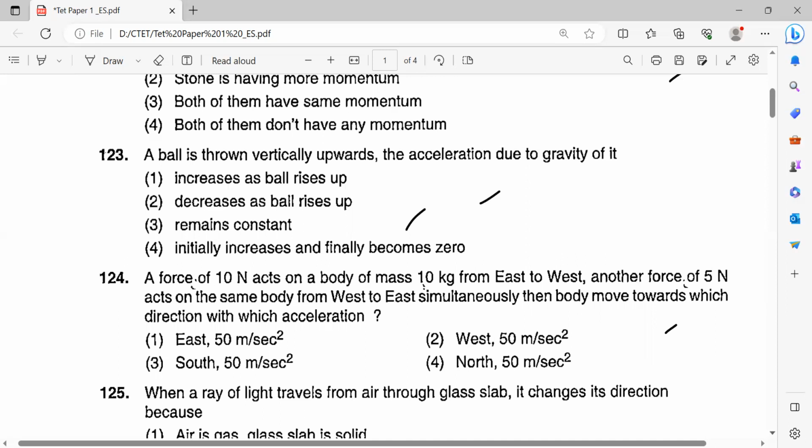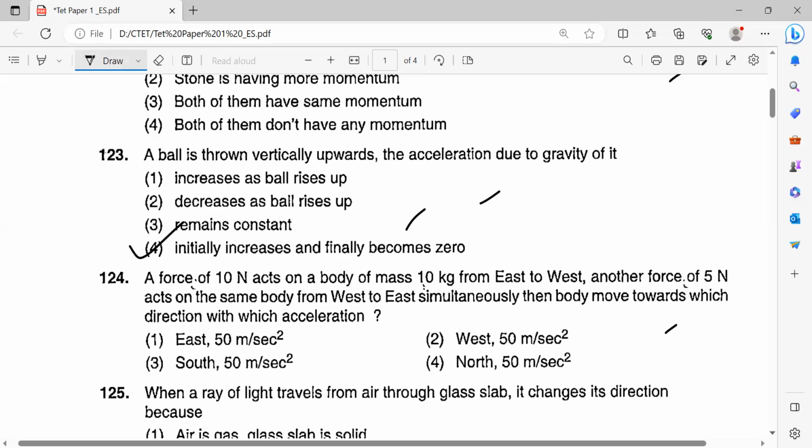Acceleration due to gravity, that is velocity per unit time, is called acceleration, right? So velocity initially increases, and finally at a certain height it becomes 0 and again decreases, right? So the answer here is option number 4. Option 4 is the right answer.